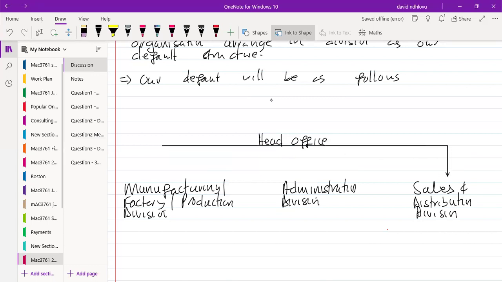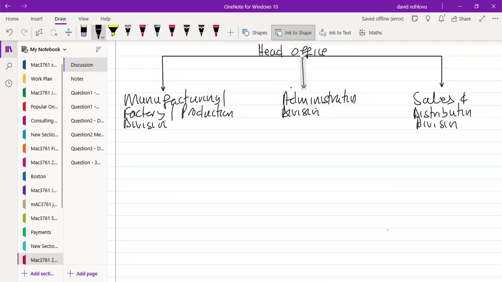However, it doesn't mean that in practice this is going to be followed to the letter. Organizations will arrange their divisions according to how best the structure serves them. So you may find a structure that is different from this one in practice. But for the purpose of learning, this is our default structure.